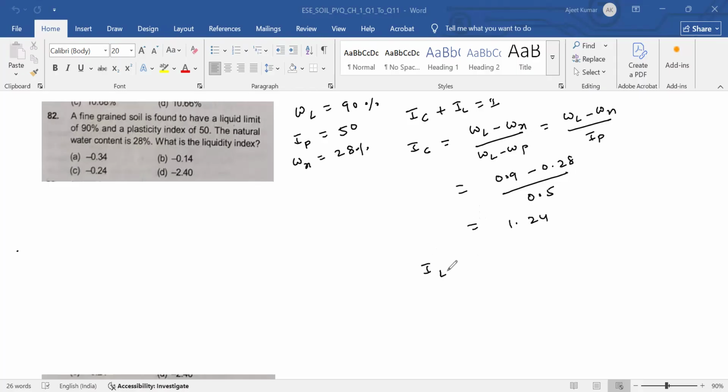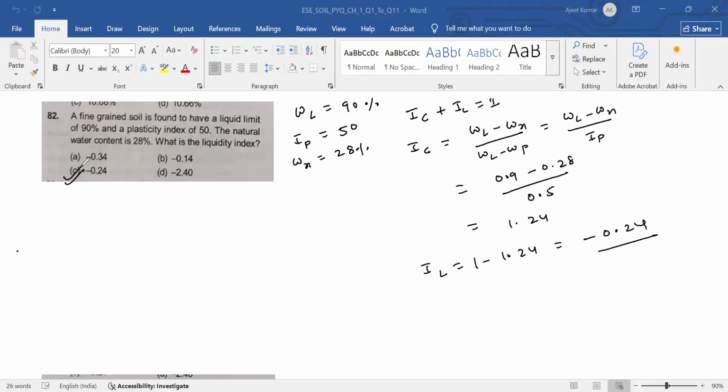So IL is equal to 1 minus 1.24, which is minus 0.24. So option number C will be the answer to question 82.